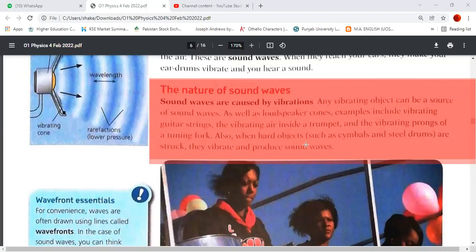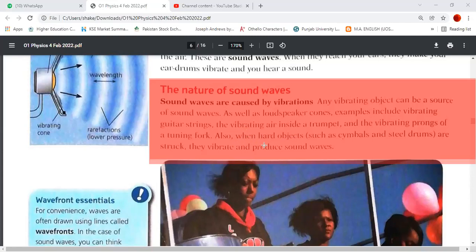Other examples are vibrating air inside a trumpet and the vibrating prongs of a tuning fork. All the musical instruments you see around you are generating sound.